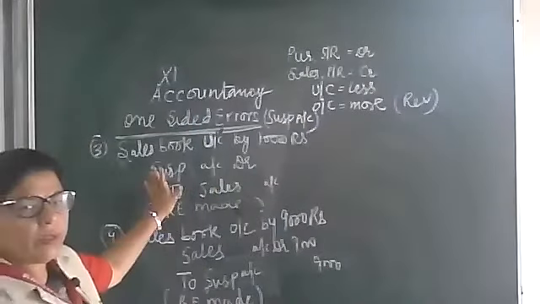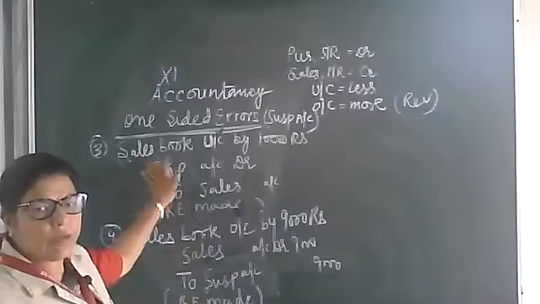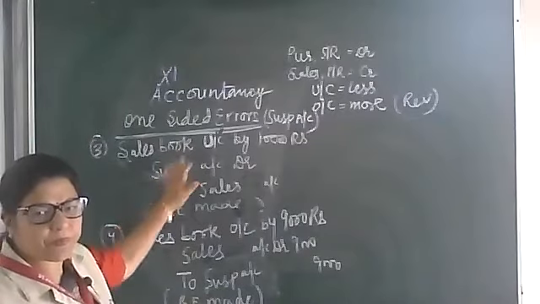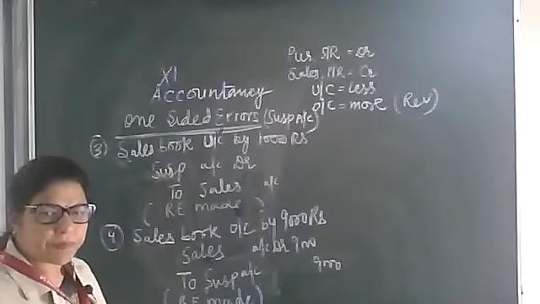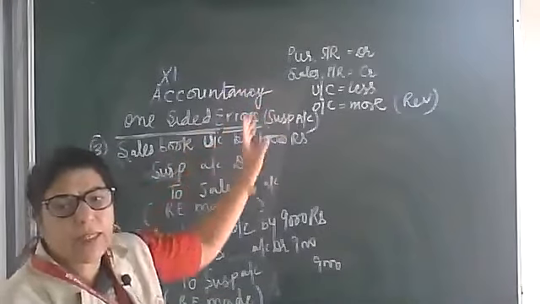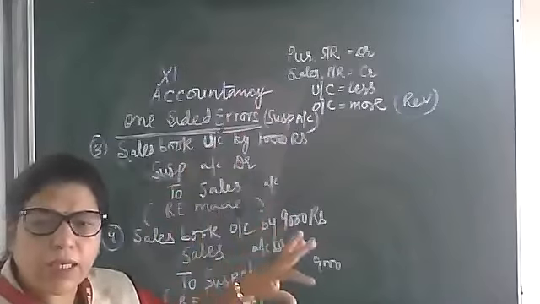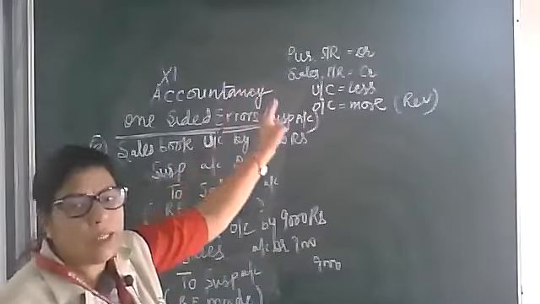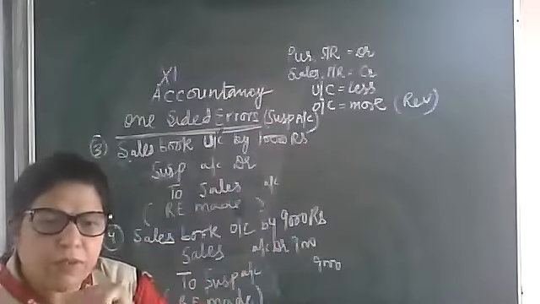Children, note down, this is the third case and fourth case. Sales book undercast, suspense to sales, because sales is always credited. Now, next, sales book overcast. I told you, in case of overcast or more, you should pass the reverse entry.